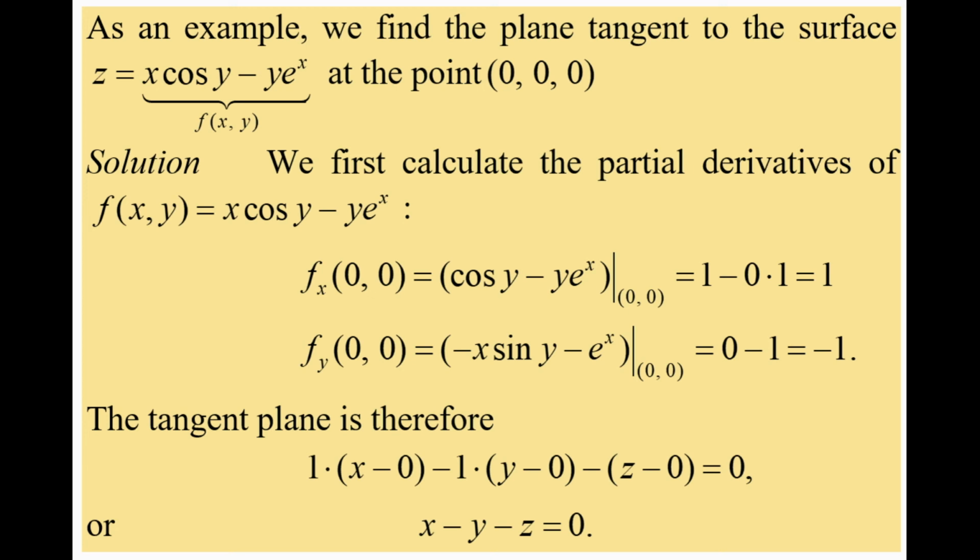And it can be seen that f suffix x at ordered pair 0, 0 is 1 and f suffix y at ordered pair 0, 0 is negative 1.